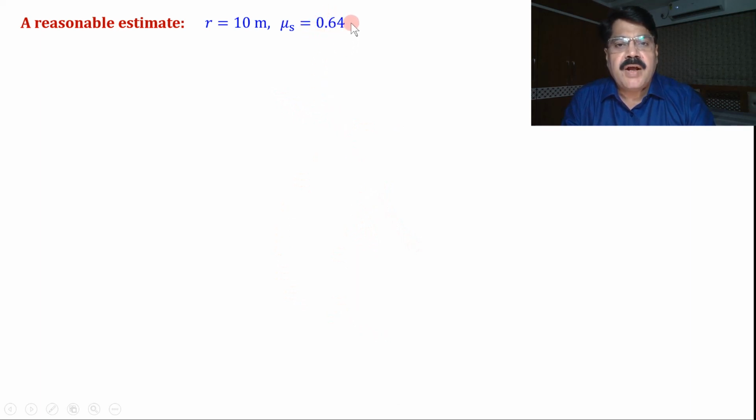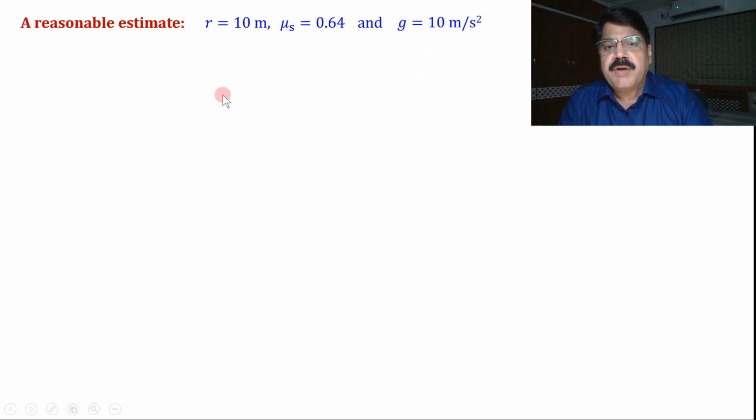I am using 0.64 just to simplify calculation; the coefficient of static friction between tire and road is about 0.7 to 0.8. And I am taking g as 10 meter per second square. Substituting, mu s into g into r is 0.64 into 10 into 10, which gives 64, and the square root of this is 8. So v is less than or equal to 8 meter per second. Let us convert into kilometer per hour: it will be less than or equal to 28.8 kilometer per hour.